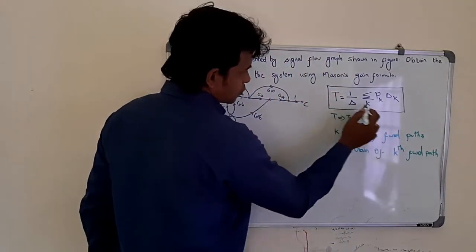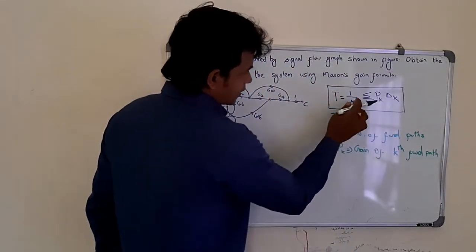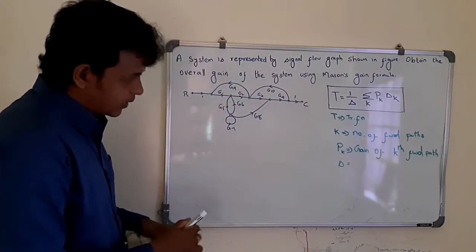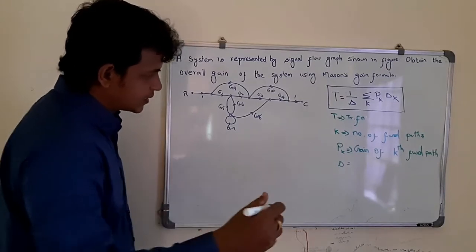T is over, K is over, Pk is over, then del. Del is another formula.